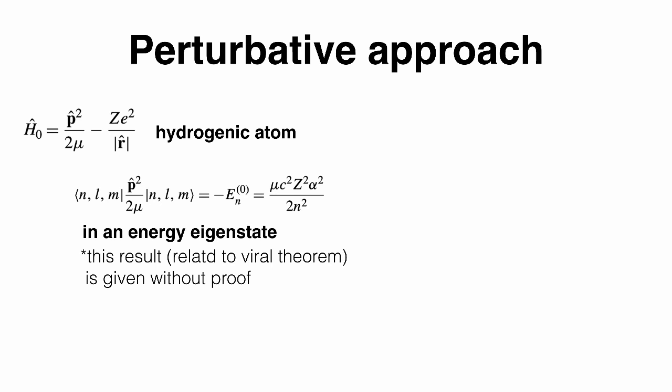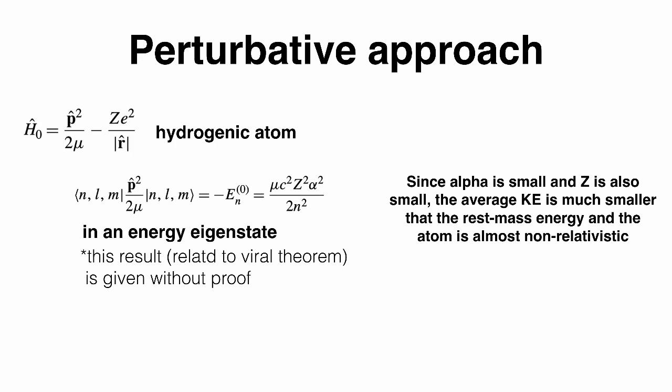This is the virial theorem, and of course, the expectation value of the potential energy is twice the energy E_n. Okay, this is something you've seen in theoretical mechanics, and this is actually also true for the expectation values of the operators in quantum mechanics. So that allows me to have an idea of what p squared over 2 mu is. And you know where we are going with this, obviously.